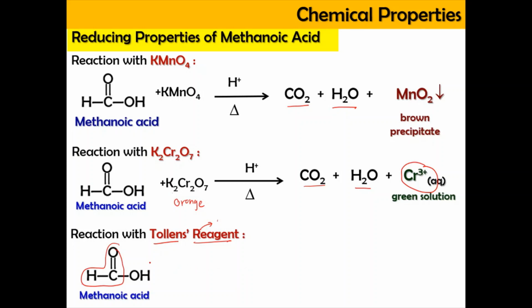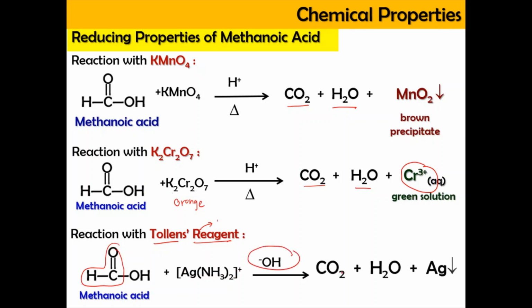If it is positive, it's going to give a silver mirror, right? So methanoic acid reacts with Ag(NH3)2 plus in basic condition. What we're going to get is carbon dioxide, water, and solid silver. So the solid silver here will show a silver mirror test.